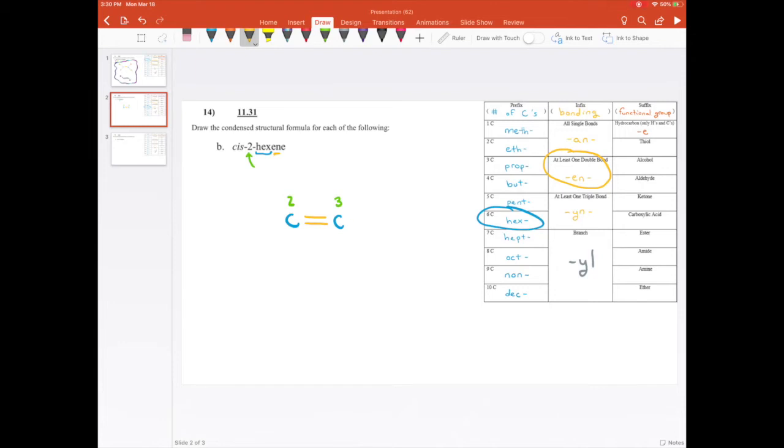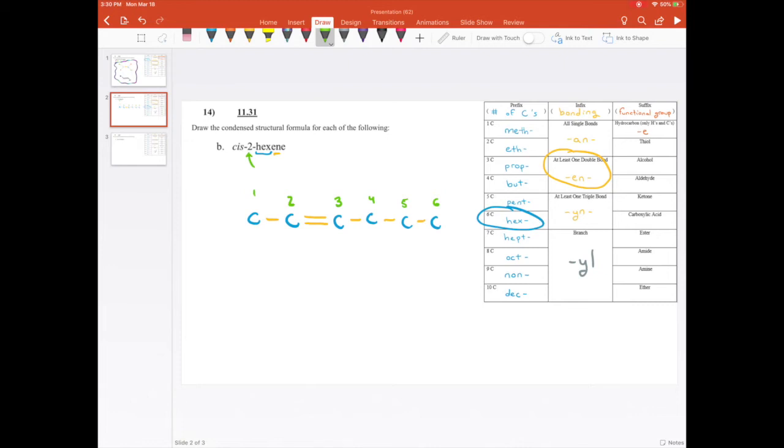I know that there's 6 carbons, so I'm going to keep putting, here that's carbon 4, here this is carbon 5, here this would be carbon 6. And then on the left side, we have carbon 2, but there must be a carbon 1. And so we have that there.